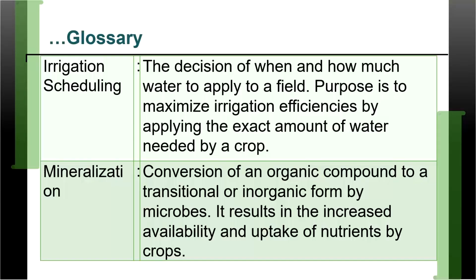Then mineralization, conversion of an organic compound to a transitional or inorganic form by microbes. It results in increased availability and uptake of nutrients by crops. So mineralization is simply conversion of organic materials into inorganic compounds, or simply it is a kind of decomposition of organic matter.